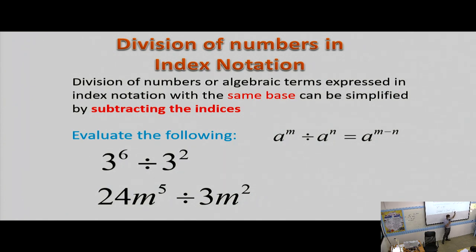You are going to subtract the exponent, so that is a to the power of m minus n. Multiplication of exponential numbers, addition. But if it's division, subtraction. Okay? So if we have this one, 3 to the power of 6 divided by 3 to the power of 2.